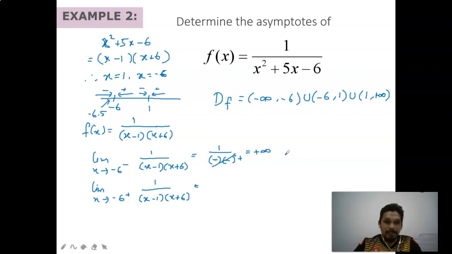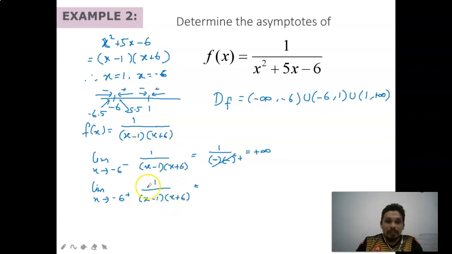And then x approaching negative 6 from the right. I'll choose one value, which is negative 5.5. Let's try.